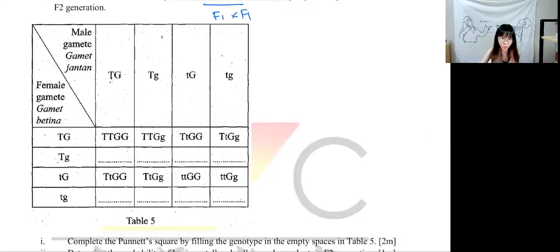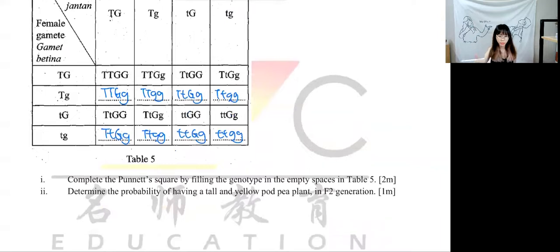I think fill in the blanks you can do by yourself, because big T, big G, small g, big T, small t, big G, small g, and then the same. Okay, just fill in the answer because I don't want to read. I get confused sometimes. Small t, and then we have this as well. Okay, when you complete, you get 2 marks.